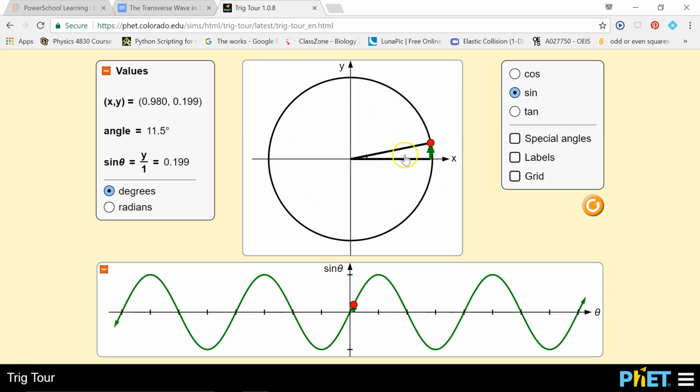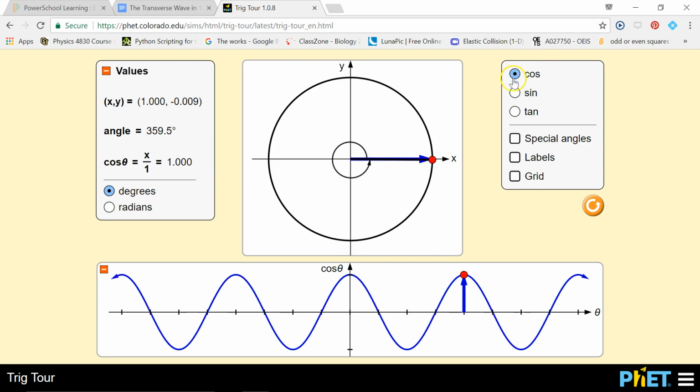Let's go back to 0, start here, go here, here, here, here. One full circle is one full wave. So I can divide by 360, see what my remainder is, and that will tell me where my up-downness is, where I am headed next inside of an oscillating wave.